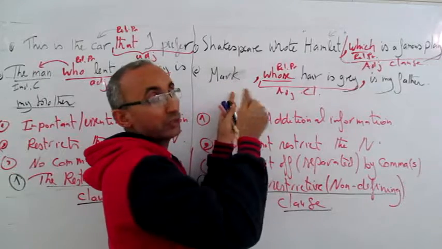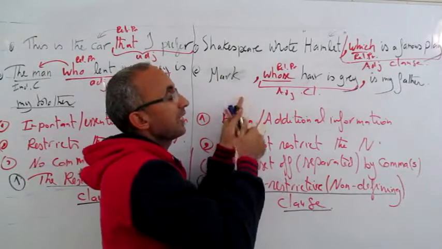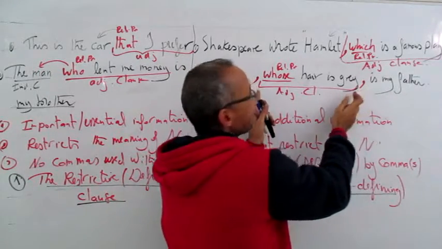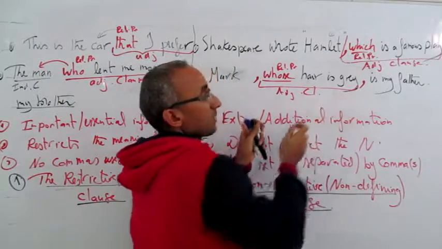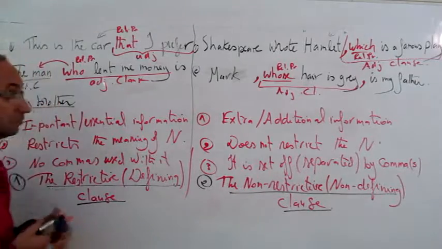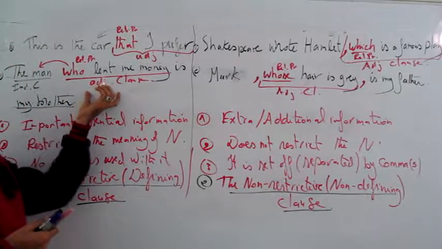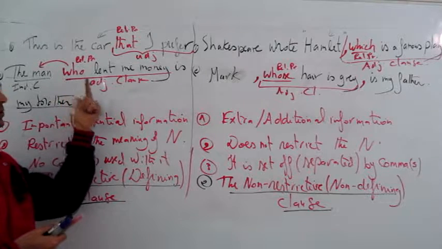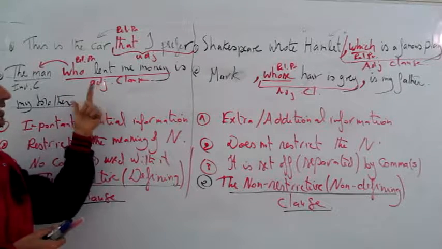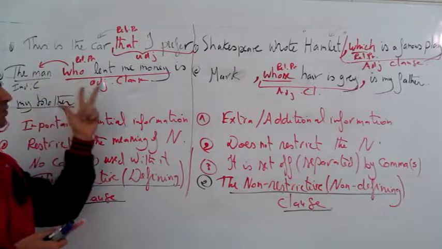Mark is one Mark. No need for any kind of restriction. And also it is set off by commas. Now here, as you see, this one in the middle is essential. We cannot remove it. And it's not set off by commas.